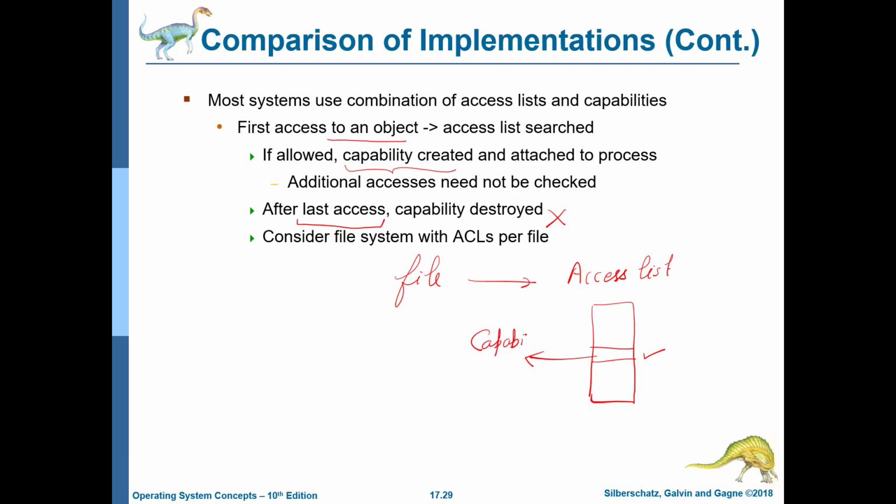This capability is attached to the process. And given that this capability is attached to the process, for any subsequent access to the file, you don't have to check the access list once again. So this capability is good enough.